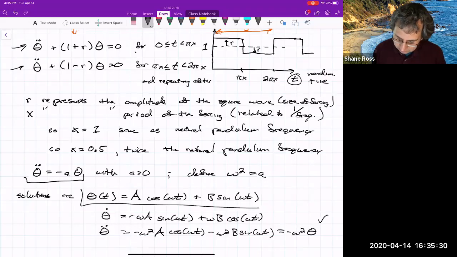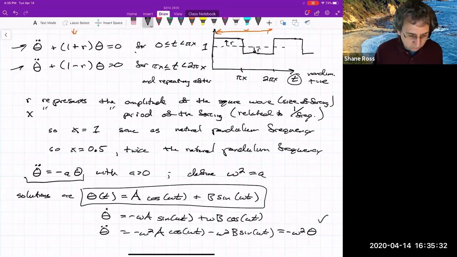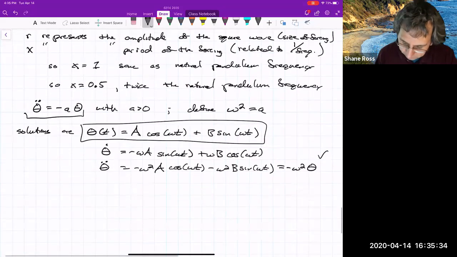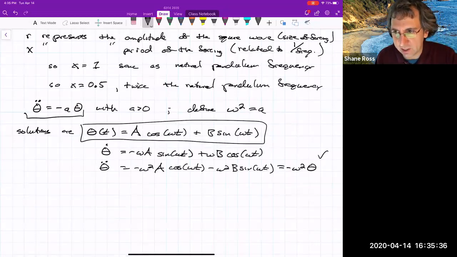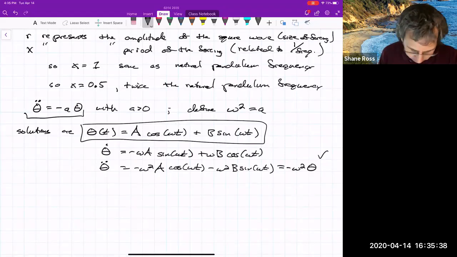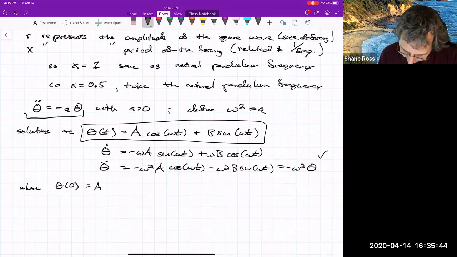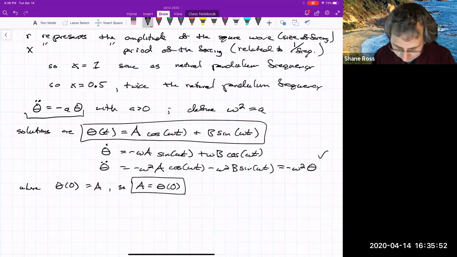So that means this is the solution, in which A and B are related to the initial conditions. Theta at time 0 is equal to A. So A is equal to the initial displacement of the pendulum from equilibrium.